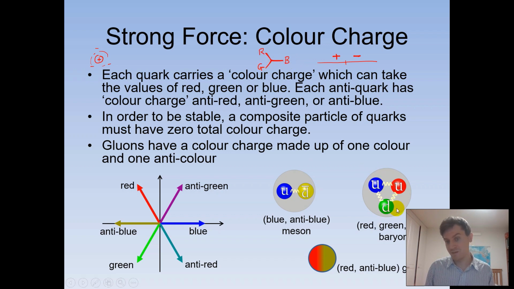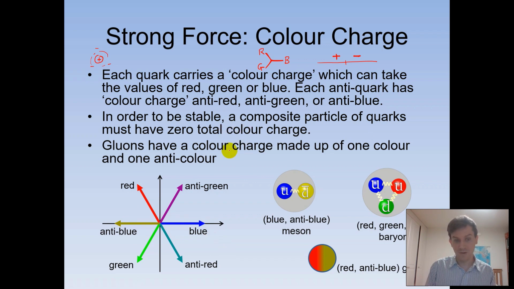This is an image of a proton here, so 2 up quarks and a down quark. So it has, in this example, a blue charged up quark, a red charged up quark, and a green charged down quark. And if you add up the total charge, then you get 0, because adding up the color charge means you're adding up the vectors in this diagram here.